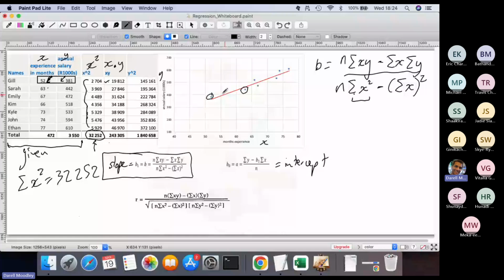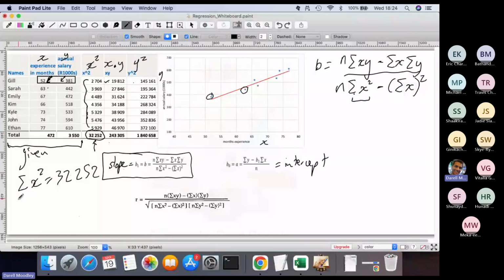The last column I need is y squared, y to the power of 2. That's just taking each y value, 381, raised to the power of 2, and that gives me 145,161. I do that for everything, and then I get the total at the bottom.